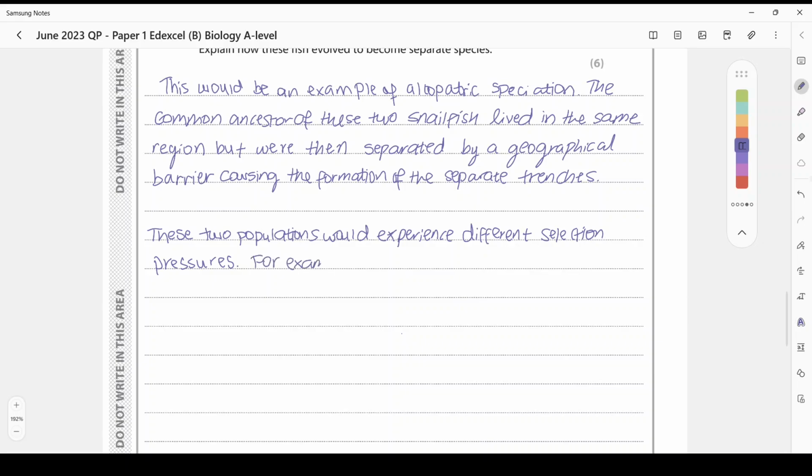For example, there may be different predators in these trenches.